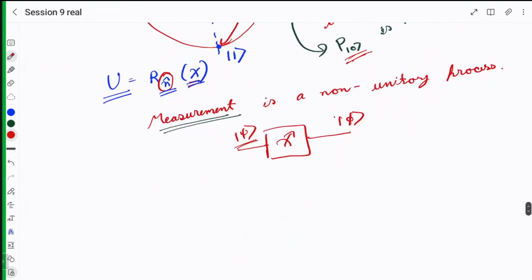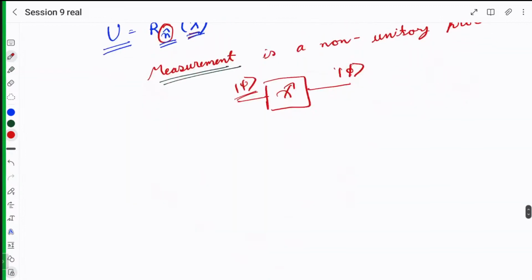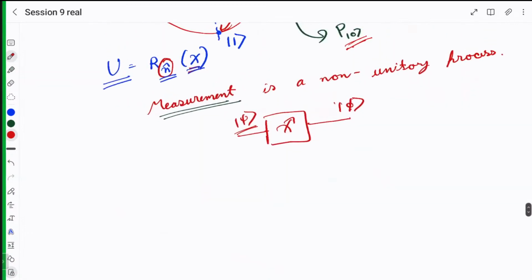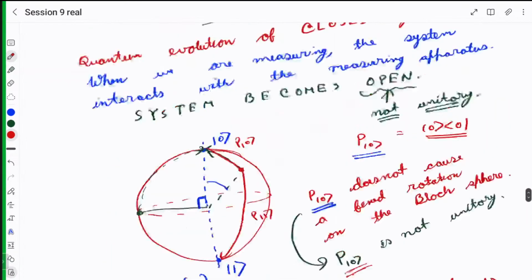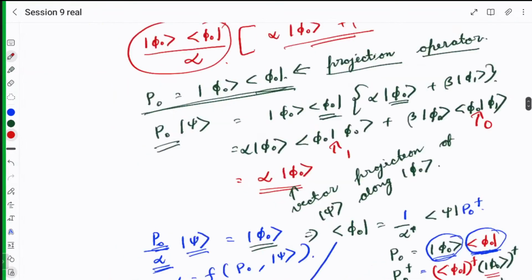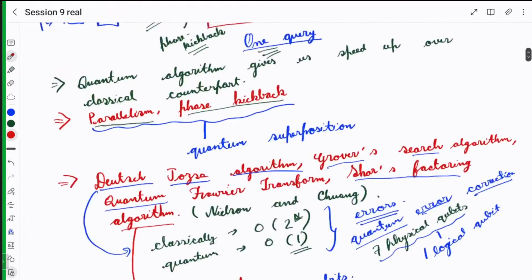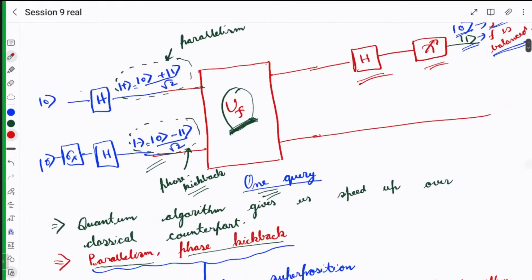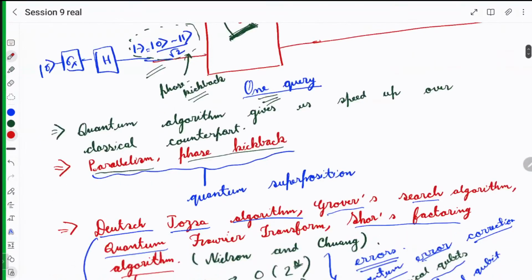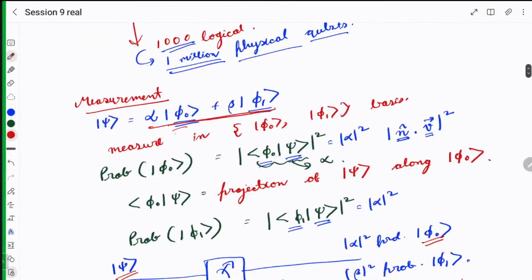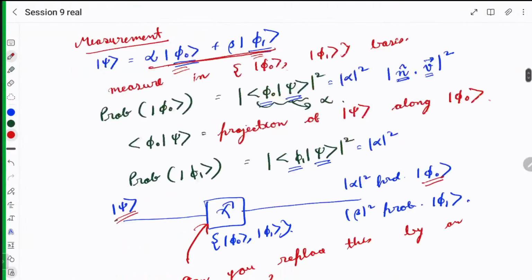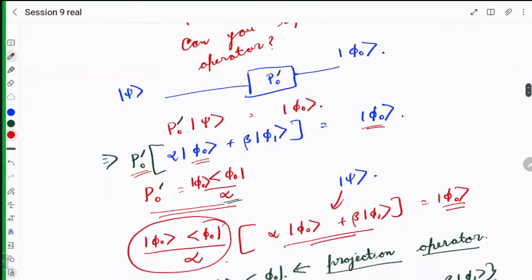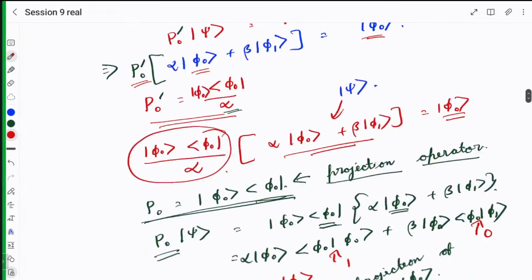So now, moving on, here we have taken a measurement in some basis. We have said measurement in some ket plus, ket minus basis, or some phi 0, phi 1 basis, and we have constructed projection operators corresponding to them.